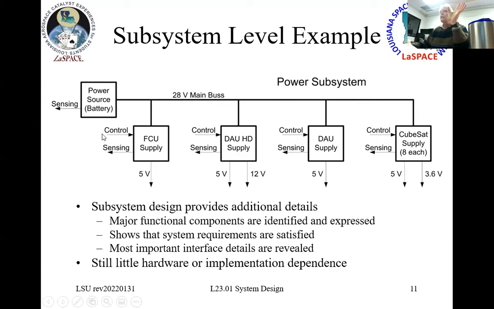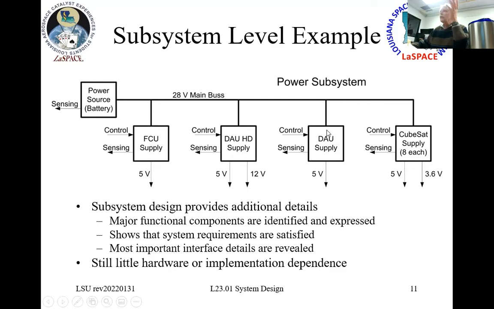And we also set the requirements for what voltages come out of these different supplies. For example, there are going to be 8 CubeSat supplies, and these will provide a 5 volt and a 3.6 volt. The hard disk or data storage will provide a 5 volt and a 12 volt, etc.